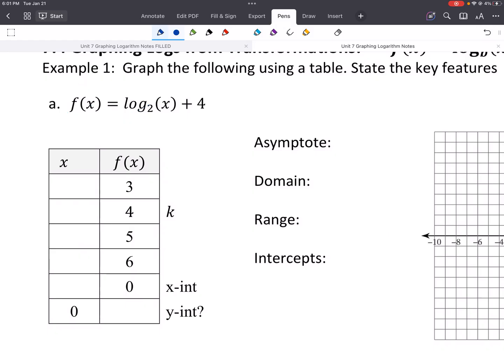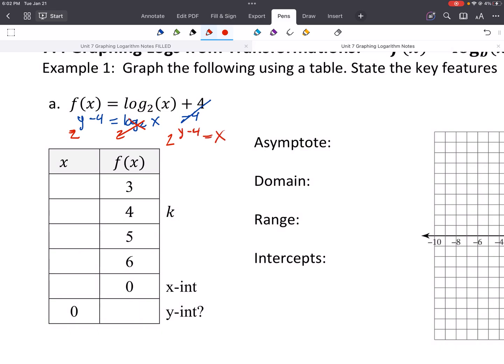Order of operations: we would want to subtract 4 first, and then we would do its exponent, so we would do a base of 2, and that would cancel. Probably shouldn't skip steps. Let's write this out. Base of 2, base of 2.